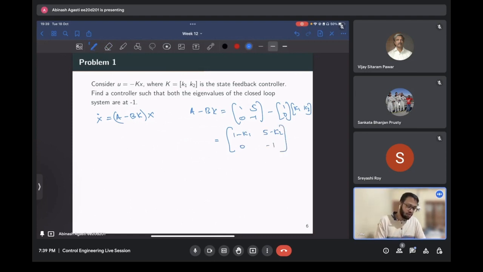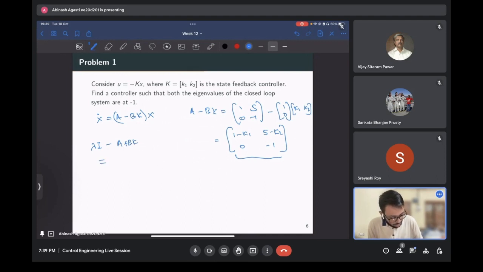Yeah. So this is the matrix. Now we want the eigenvalues to be at -1 and -1. So we find the eigenvalues of this matrix: determinant of lambda I minus A plus BK.